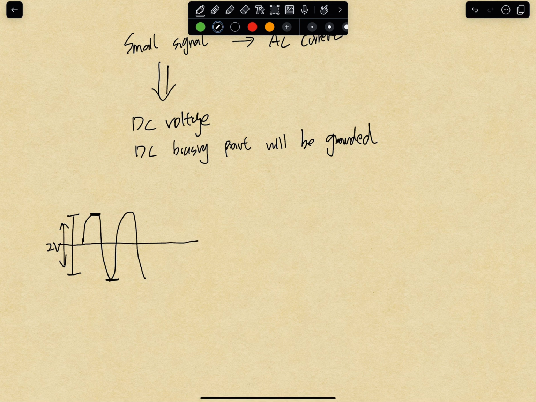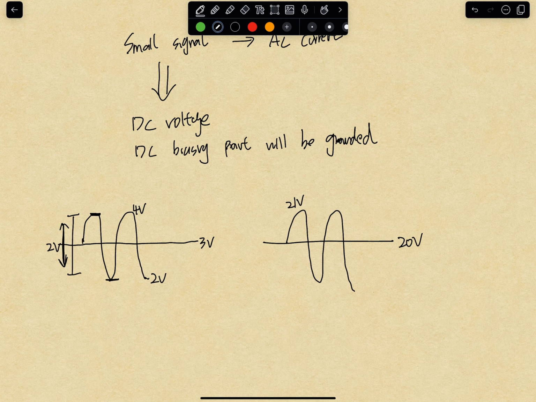For example, if the DC bias voltage is 3 volt, then the maximum of the AC signal is 4 volt and the minimum is 2 volt. If the DC biasing voltage is 20 volt, the same AC signal will have a 21 volt peak and a 19 volt minimum. So that's the DC. For small signal analysis, we just forget about the 20 volt and make it grounded to do the analysis.